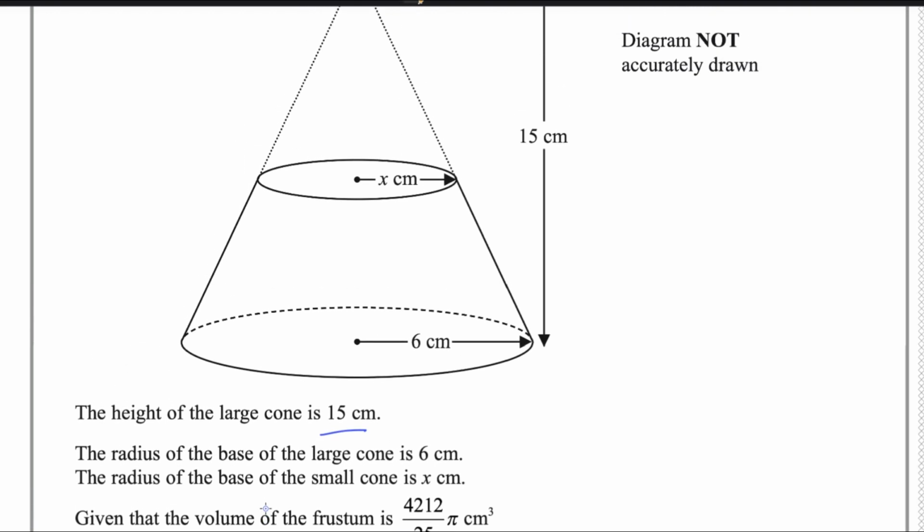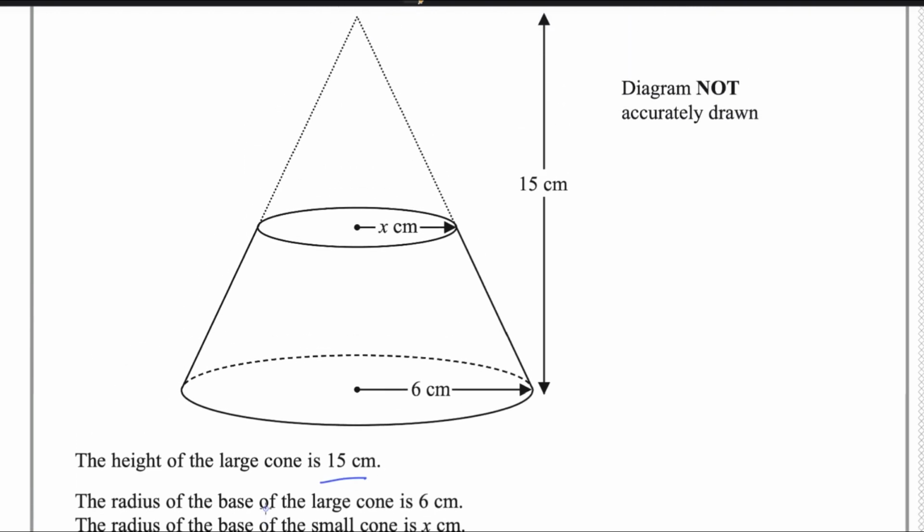First of all, you should know how to find the volume of a frustum. Volume of the large cone minus volume of the small cone will give you the volume of the frustum. This is the frustum. If you remove this small cone from the big large cone, let's say the small cone is here, and let me draw the height of this cone.